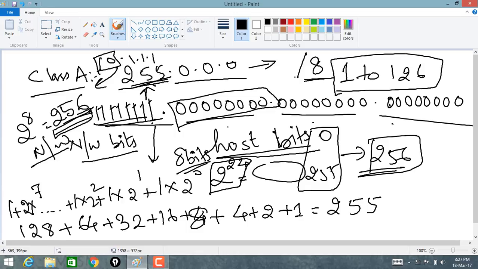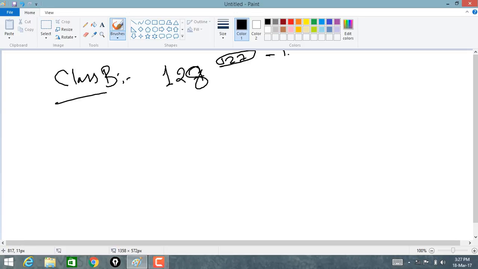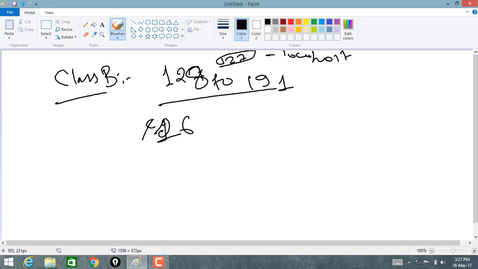Let's jump to the next class, that is class B. Class B goes from 128, since 127 is used for localhost, that is reserved, which you cannot use. 128 to 191, and the default subnet mask will be /16.